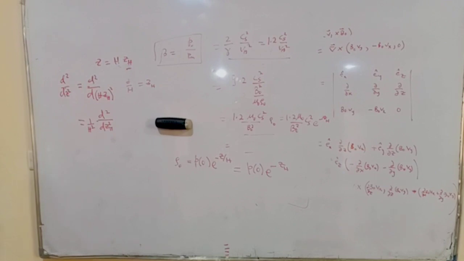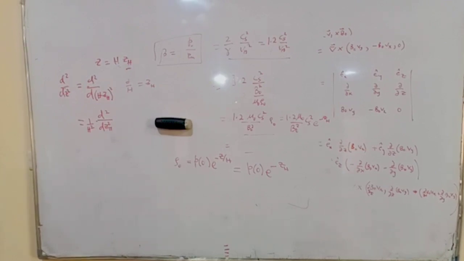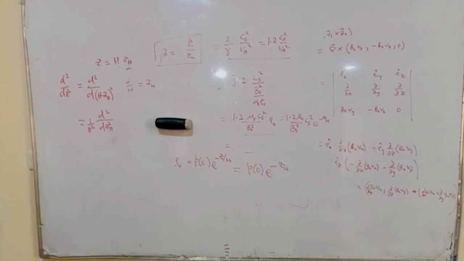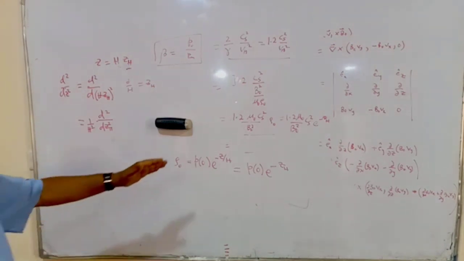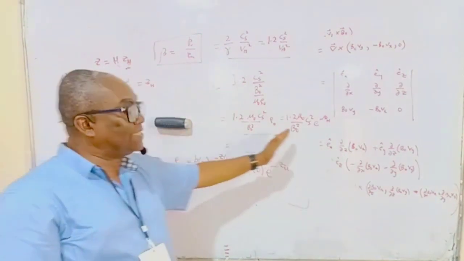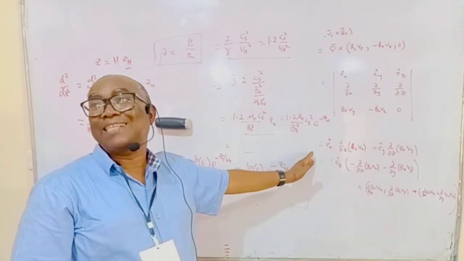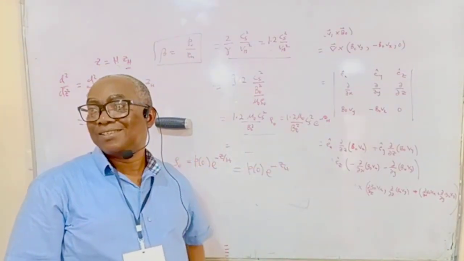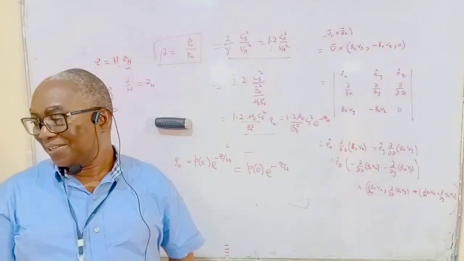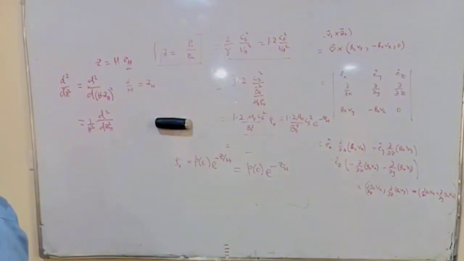You will now see that with that, you'll be able to get the values of your plasma beta. So you can now see that the plasma beta decreases exponentially with respect to the height scale. Are you following me? So that is the physical interpretation.